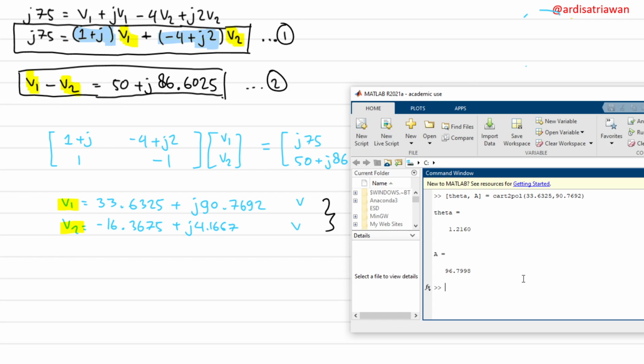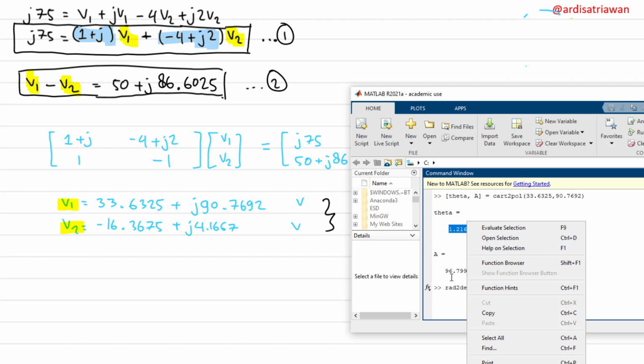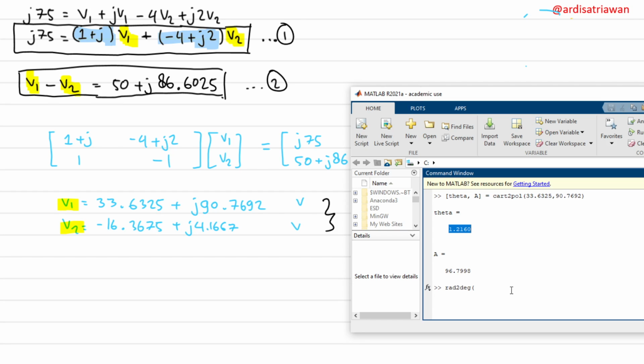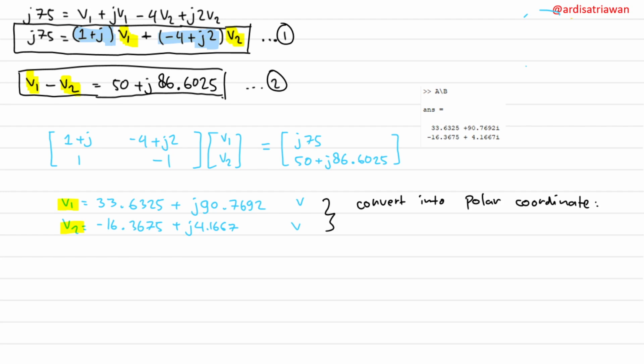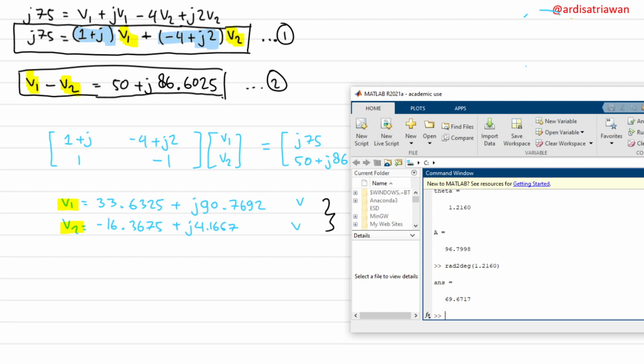The theta is in radians, so we will need to convert it to degrees, radian to degree, from this number. Okay, so I will have the amplitude and the angle. Is it correct? Let's see. Yeah, it's correct.